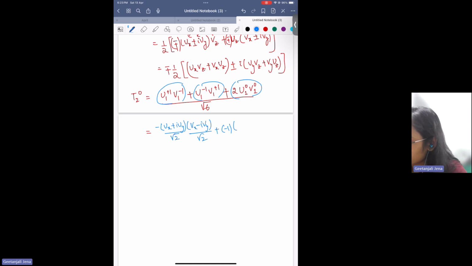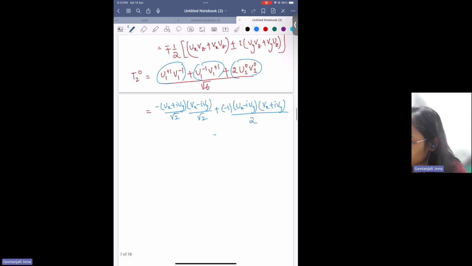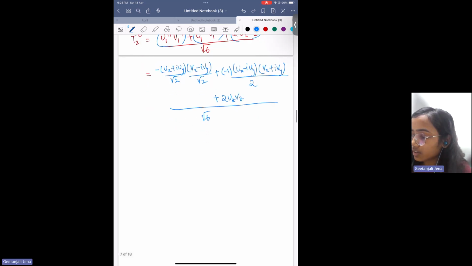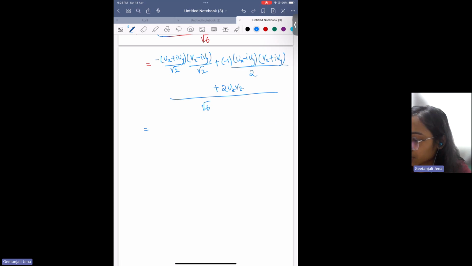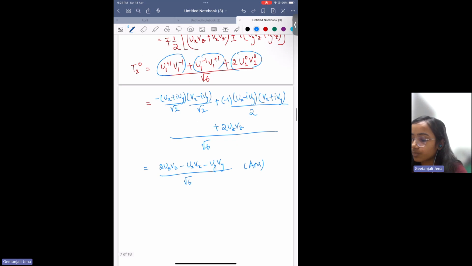So u1 minus 1 is ux minus i uy, vx plus i vy, divided by 2. The third term is 2 times uz vz, whole divided by root 6. So now if you solve it, I am writing the final expression. You will get 2 uz vz minus ux vx minus uy vy divided by root 6. This is the answer you will get for t2 0.